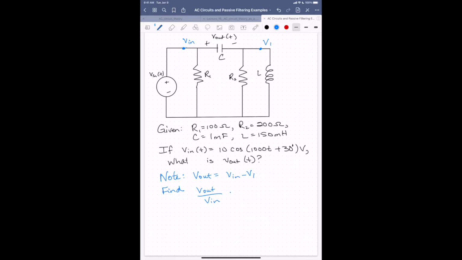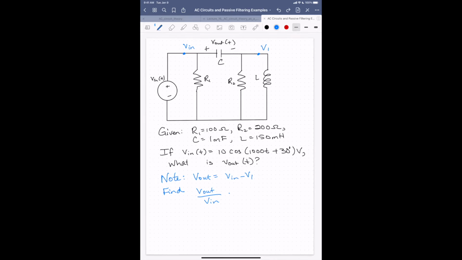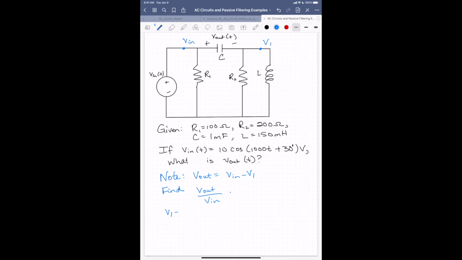At this node Vn, we just write, it is Vn. So let's write an equation here at V1, see what that gets us. Okay, so we'll have V1 minus Vn. Let me show you what we're doing.